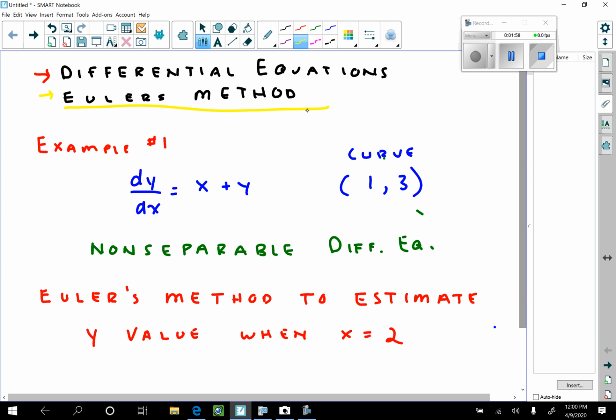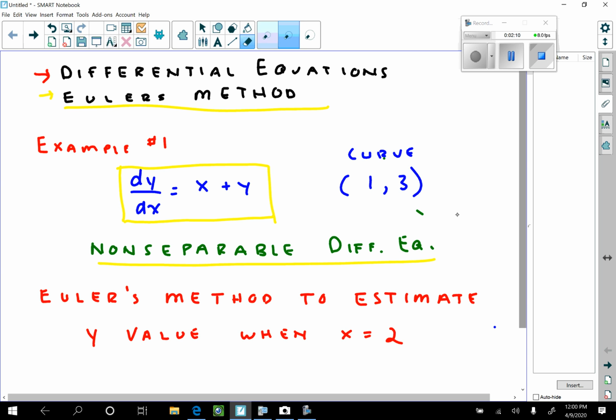So here I have a differential equation. This particular differential equation is non-separable, so I cannot solve it.